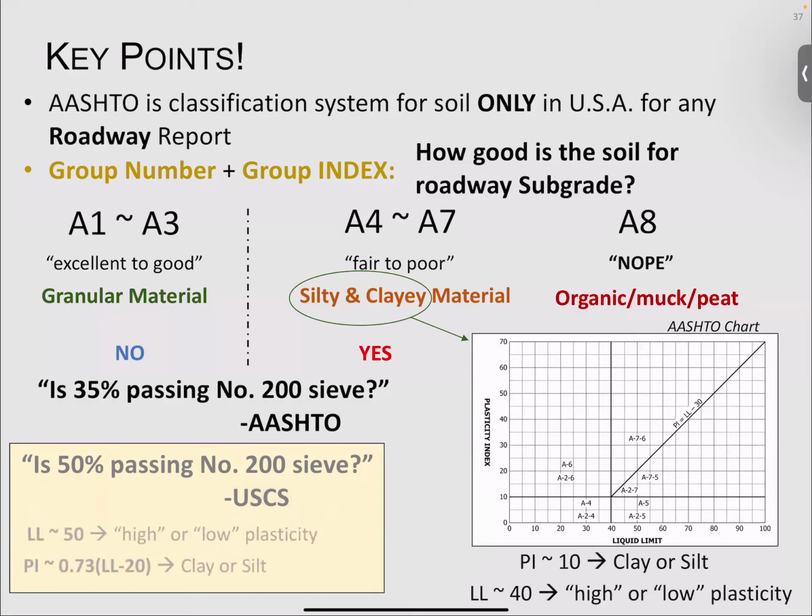The other key difference is for USCS, they say a liquid limit of about 50 is to separate between high or low plasticity. And then for AASHTO, they have a relationship of PI as a function of LL. So essentially, this line is the thing that distinguishes between high or low plasticity between those two, a clay or silt. It's a different function.